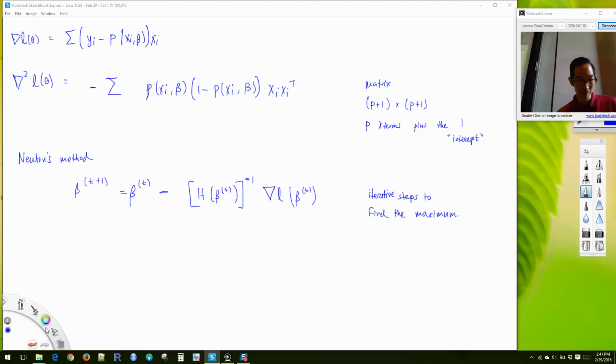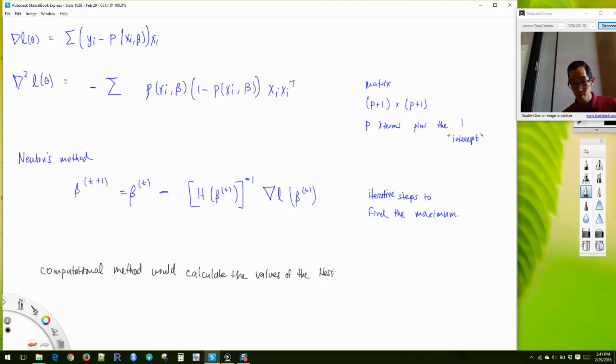So a computational method would calculate the values of the Hessian and gradient for us.